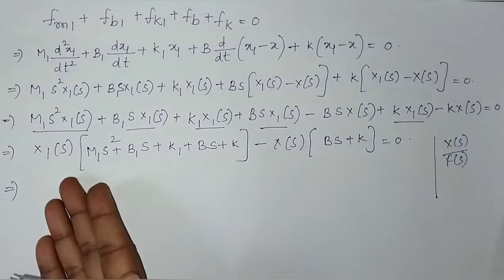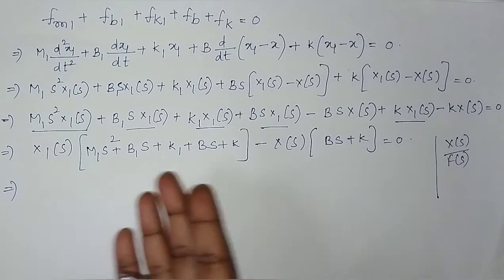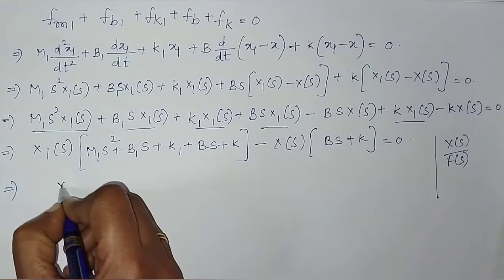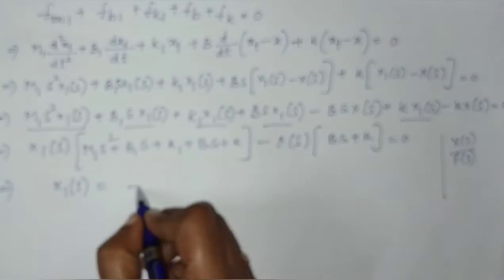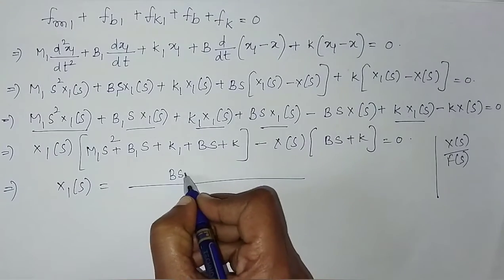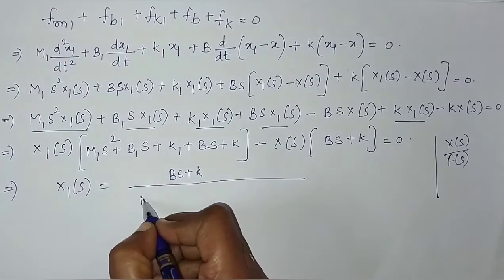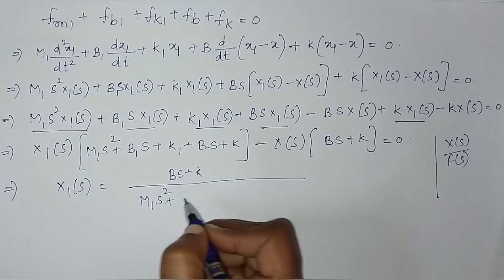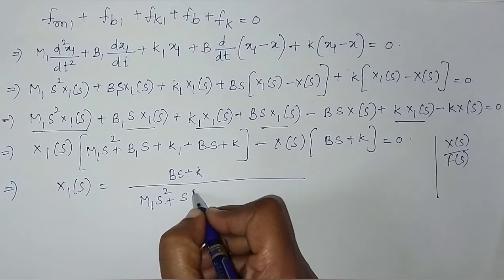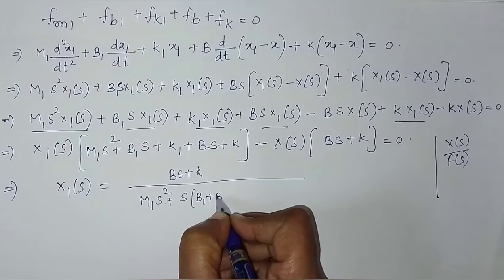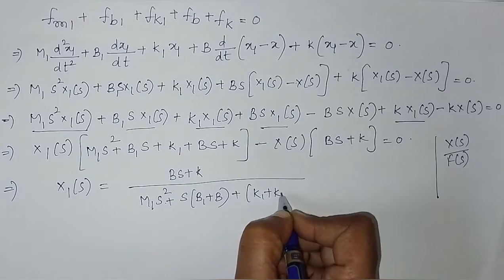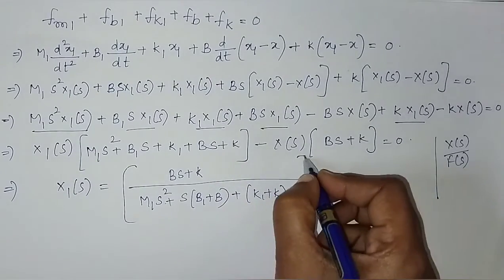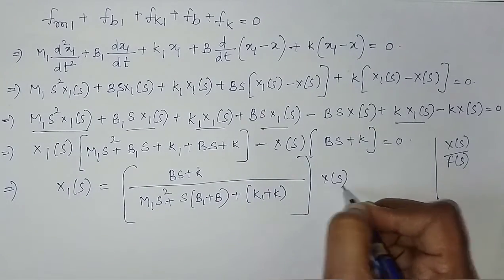Taking this whole to the left-hand side, we get x1 of s equal to (bs plus k) by (m1 s square plus s into (b1 plus b) plus k1 plus k), whole into x of s.